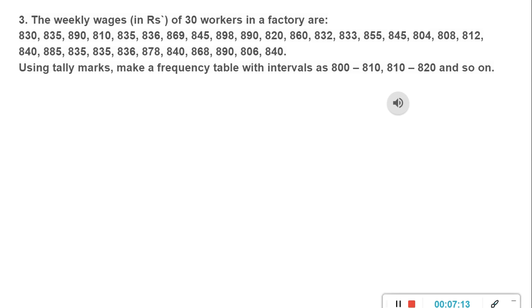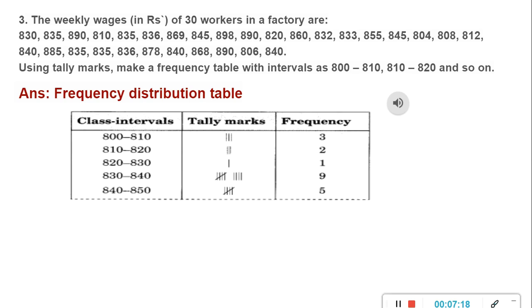Okay. So first 800 to 810, 3 workers are there. Means 3 got rupees 800 to 810.